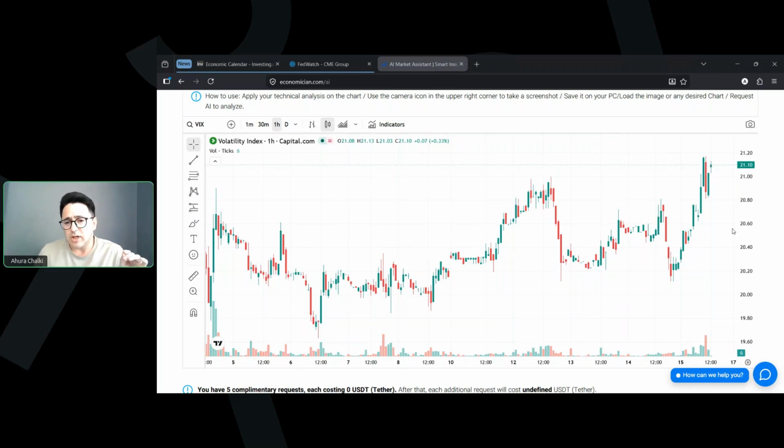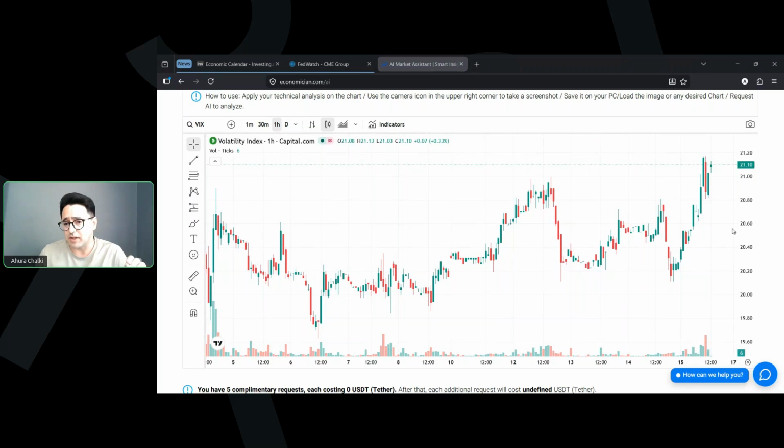So again, when you're trading or investing in the financial market, the price is not only about the economic situation. It is about the economic situation, but most importantly, it is what traders, investors, buyers and sellers in the market are thinking about that economic condition.